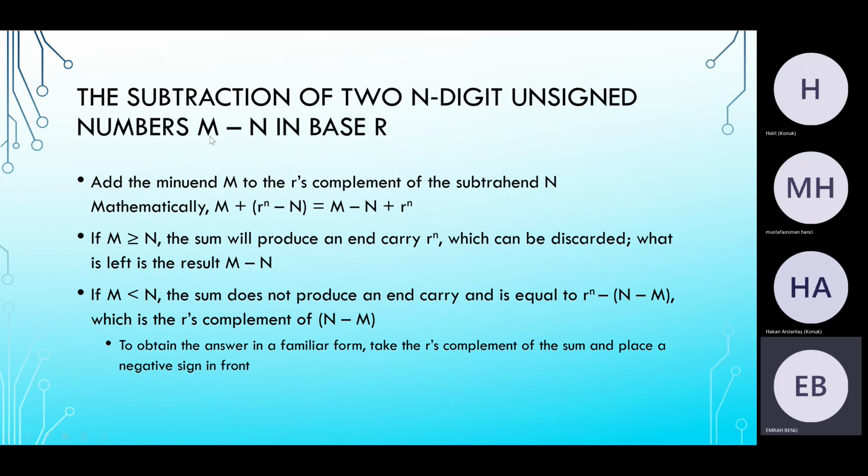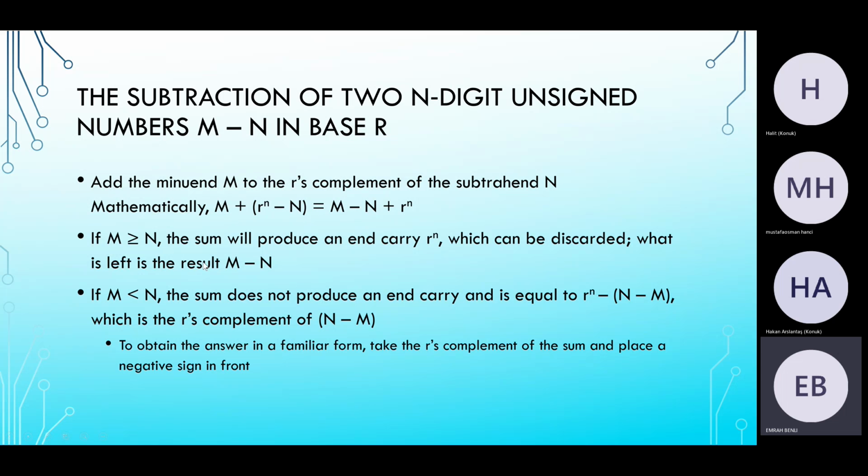So instead of M minus N, instead of subtraction, what we are doing is M plus the r's complement of N. So we are taking the r's complement, the radix complement, of the second number, the subtrahend, and we just add them to each other. So we are not doing subtraction. This is addition now.